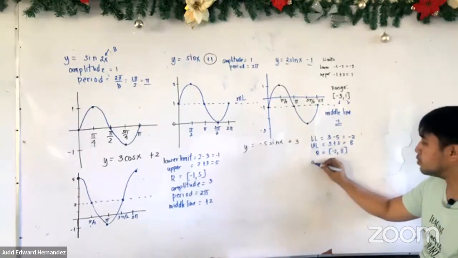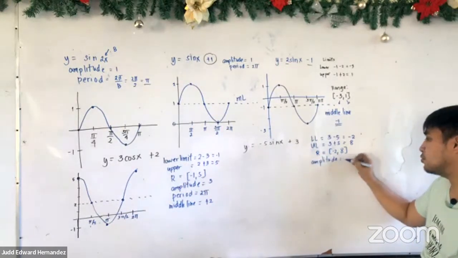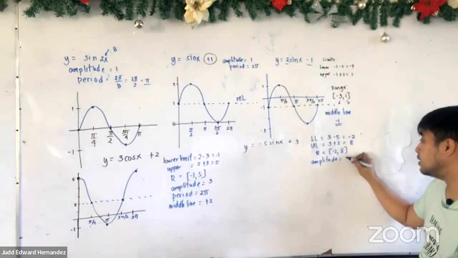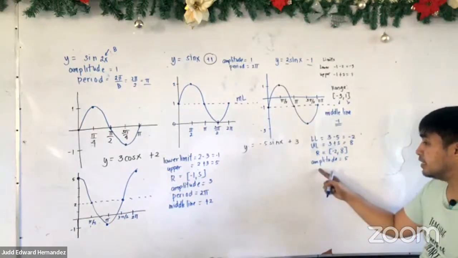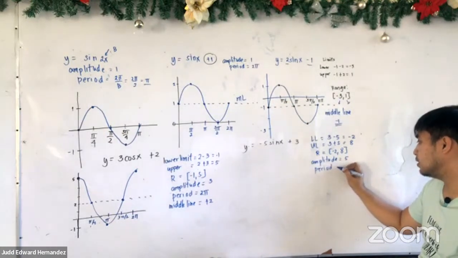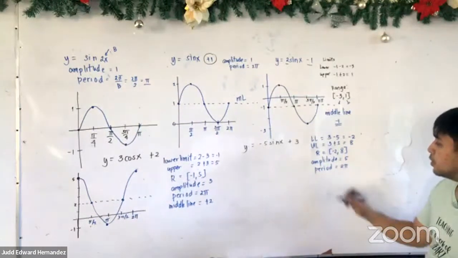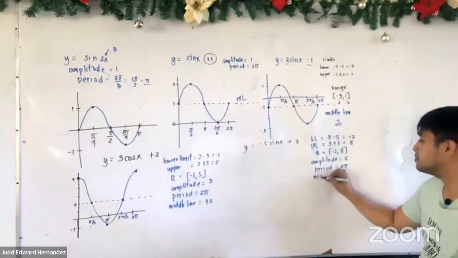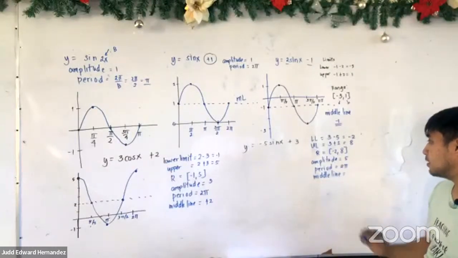After getting the range, we get the amplitude. What is our amplitude now? Our amplitude, 5. Okay, after getting the amplitude, we get the period. Is there a number? Wala po. We also have our middle line. Therefore, our middle line would be positive 3.